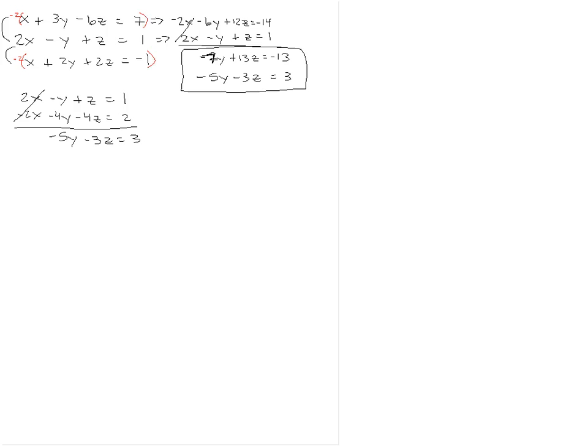All right, we need to eliminate something so that we can solve. Well, that's a negative 7, and I'm just going to go times 5 and times 7 and make one of them negative, so it turns into positive. Then it'll give me a positive 35y and a negative 35y.